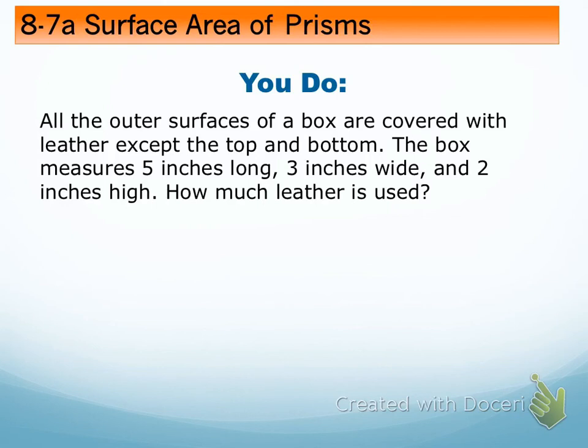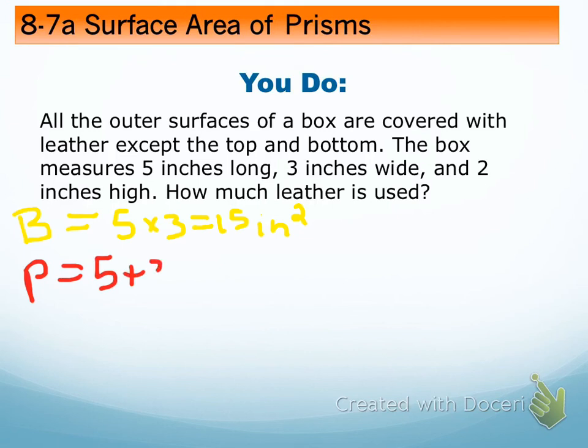So to find the area of the base, remember it's a rectangle, and it is 5 inches long by 3 inches wide, which is going to be 15 inches squared. And then to find the perimeter, we're going to add all 4 sides together. So you get 5 plus 3 plus 5 plus 3, which is going to give us 16 inches.